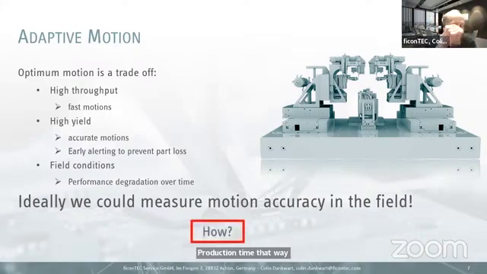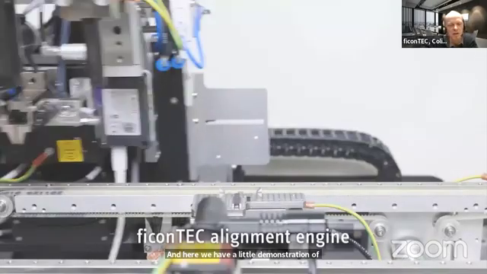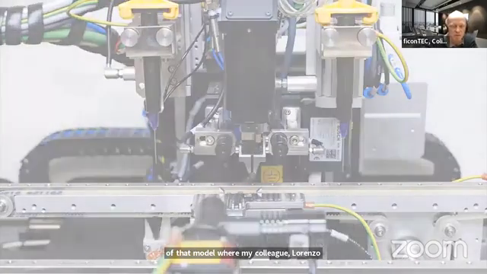And what we did here is implement a model that can predict the repeatability or accuracy of the motion system based on data that we get from both the machine process, but also really the motion data that we stream from the machine. And here we have a little demonstration of that model, where my colleague Lorenzo added some weight to an existing axis system.